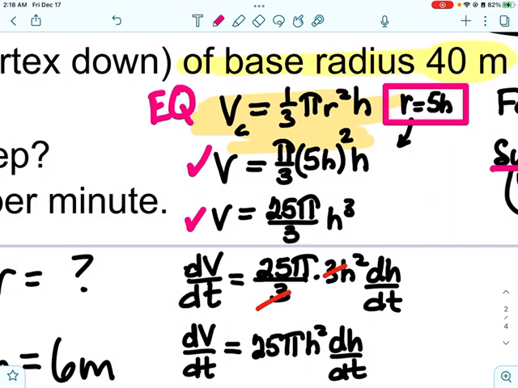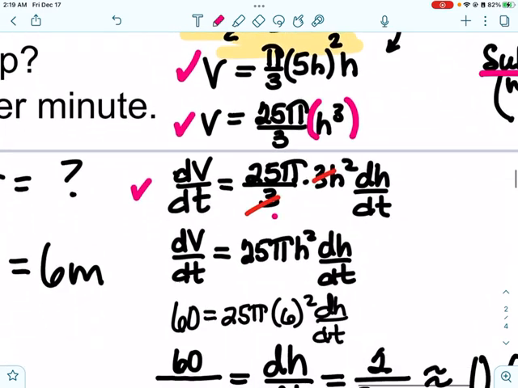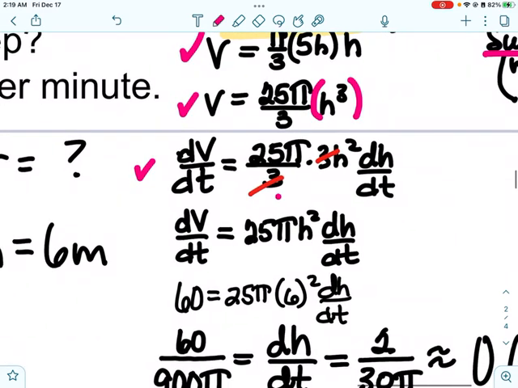Remember, we're taking d/dt of both sides of the equation. So we end up with dV/dt is equal to 25 pi over 3 times the derivative, remember, of this H cubed, which was 3H squared. I cancel the 3's, and then I tack on the dH/dt for implicit differentiation. So you end up with this line, dV/dt is equal to 25 pi H squared dH/dt.